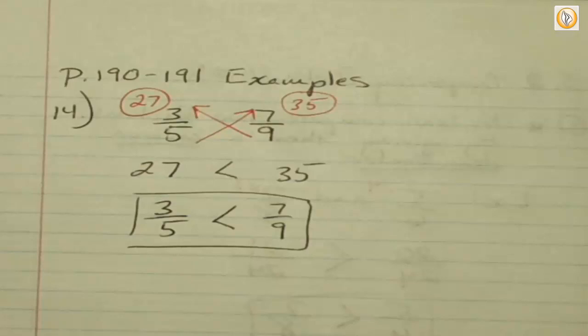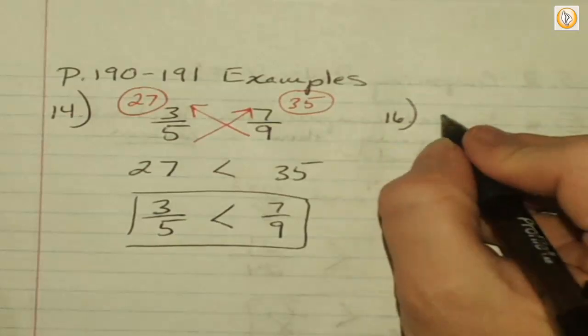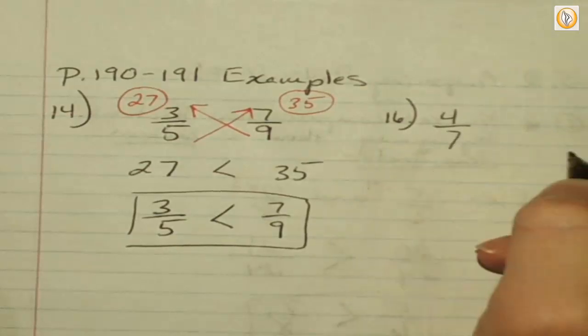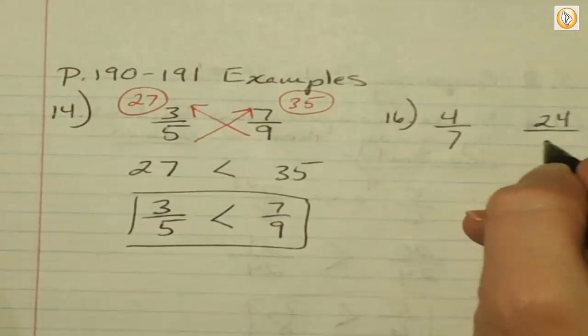Any questions about that? All right, let's do another one. 16. I have 4/7 and 24 over 42.